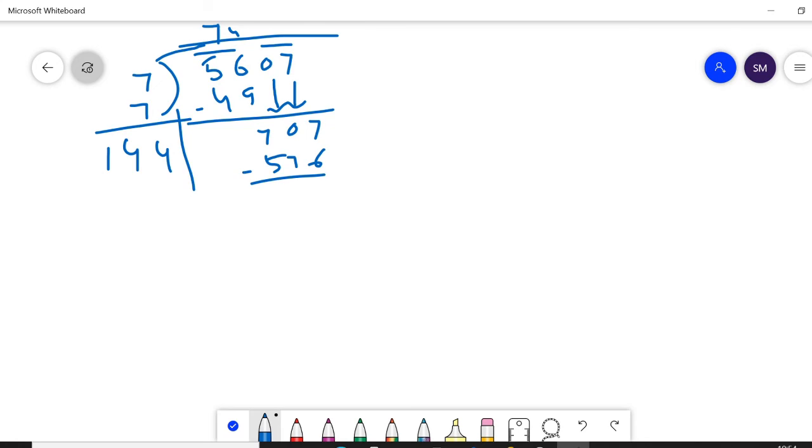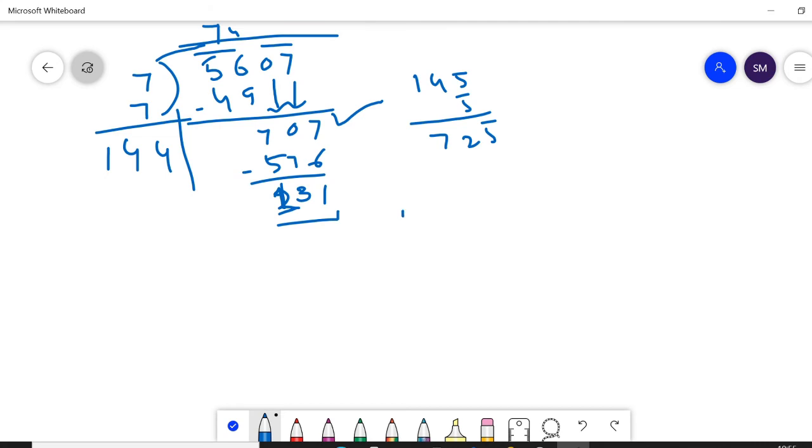Then what do we get? We get 131. Suppose 145 times 5, this is 725, which is greater than 707. Then this is the remainder 131.